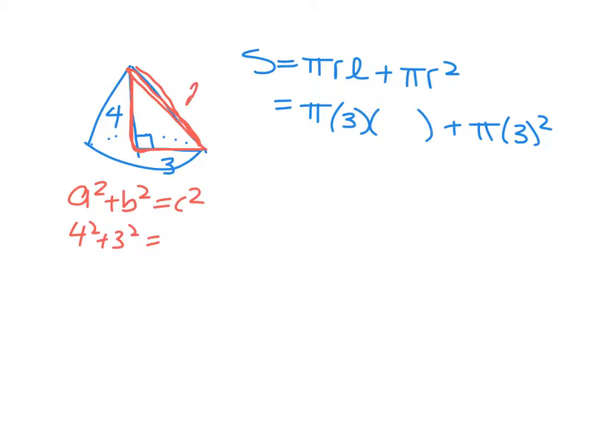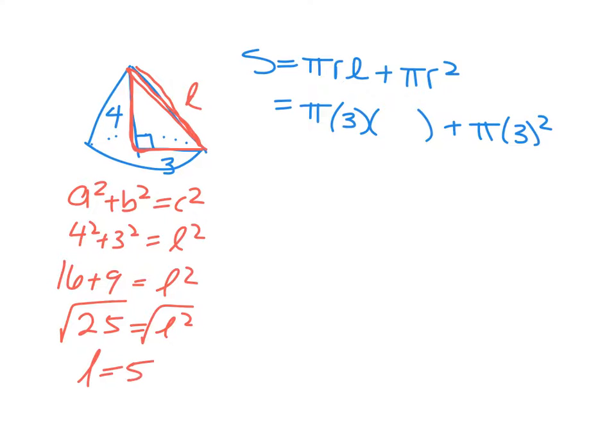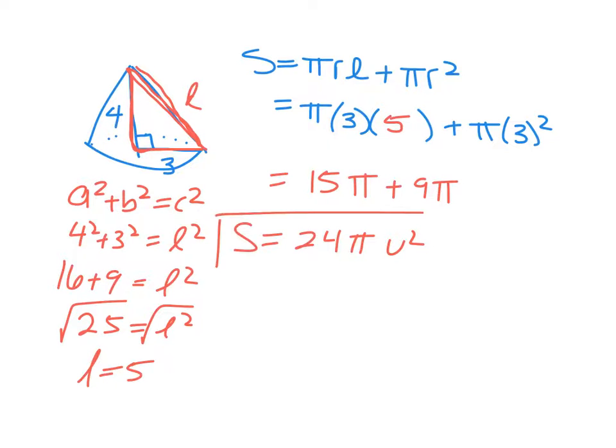Remember, C should always be your long side, or in this case, our slant height. And we get 5. Okay, so that's in the instance where you are missing the slant height. Sorry if I wrote that too fast. You can always go back and rewatch.